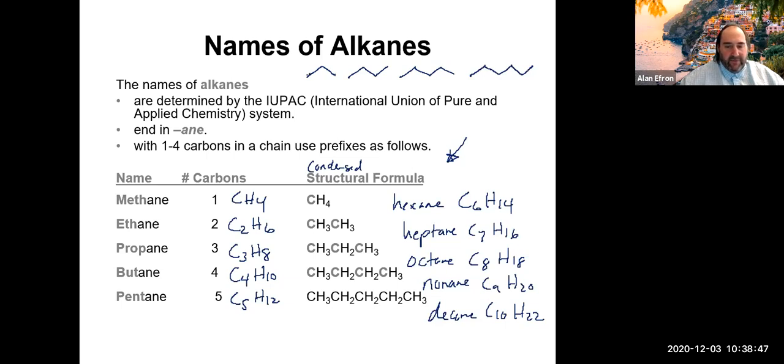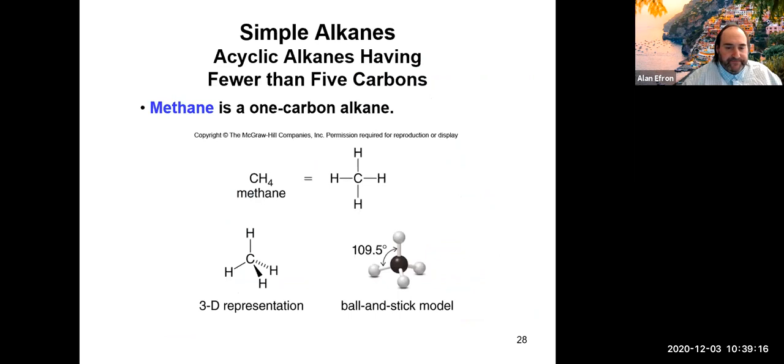And again, you could count the carbons: 1, 2, 3 propane, 1, 2, 3, 4 butane, 1, 2, 3, 4, 5 pentane, 1, 2, 3, 4, 5, 6 hexane. So that's how we very commonly represent these guys. So I would say super important. You should know these guys and how to draw them.